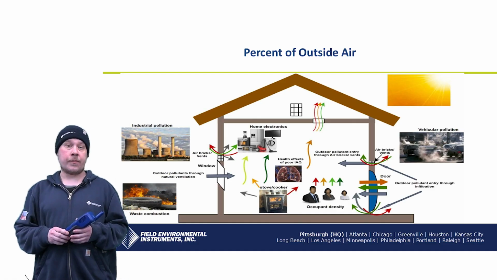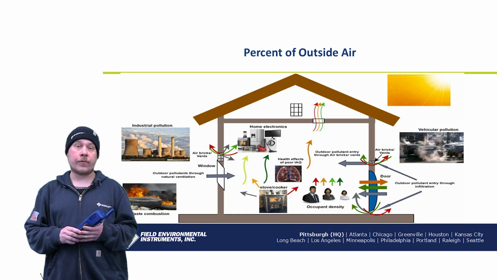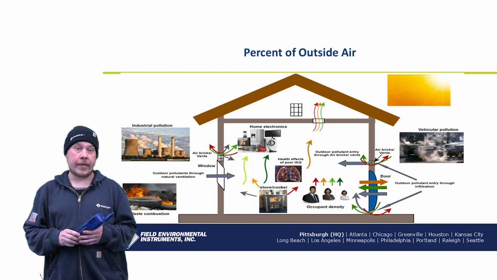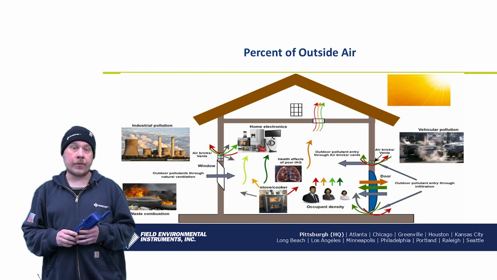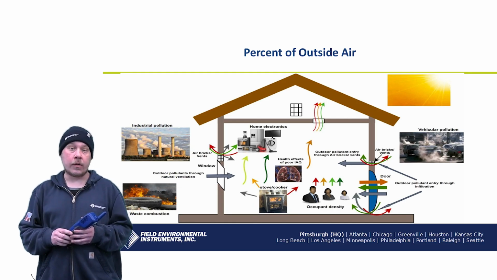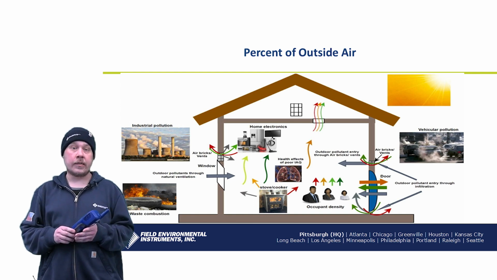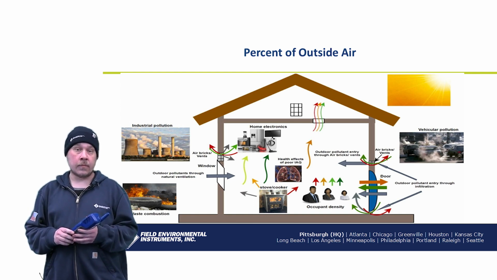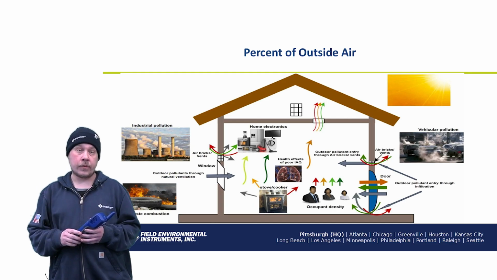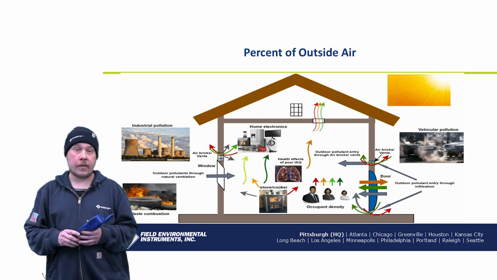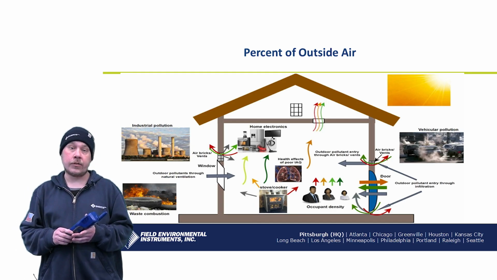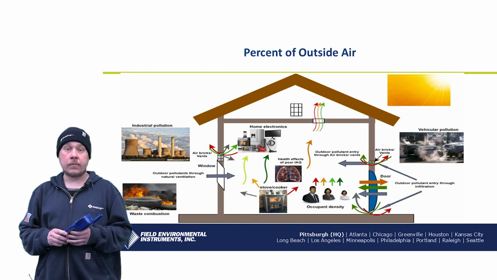With the Q-Trak XP, you are able to calculate the percent of outside air being mixed with recirculated indoor air within the HVAC system. A higher percentage of outdoor air is generally considered better for indoor air quality, as it helps dilute pollutants and stale air within a building. Monitoring CO2 levels can indicate the need to increase the outdoor air intake when concentrations rise due to poor ventilation.